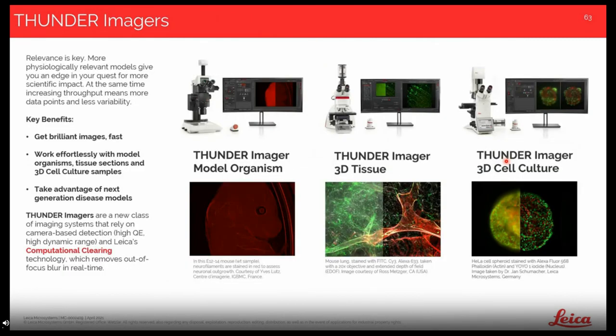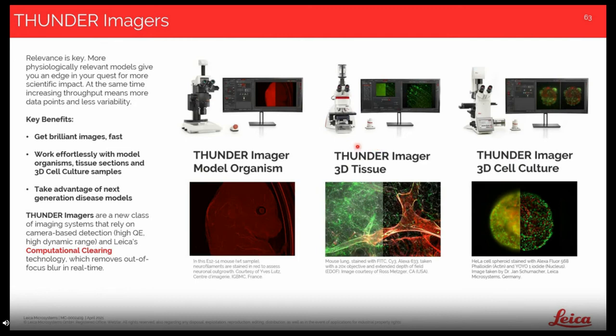So with that, we'll finish with a review of the Thunder imager family. Again, we have three main instruments that it's based upon. Our model organism, which is on our stereoscope, our 3D tissue on our upright DM6, and our 3D cell culture on our DMI8.